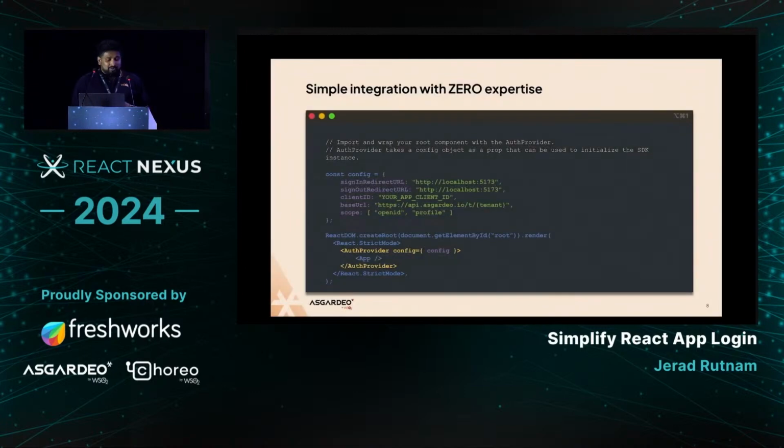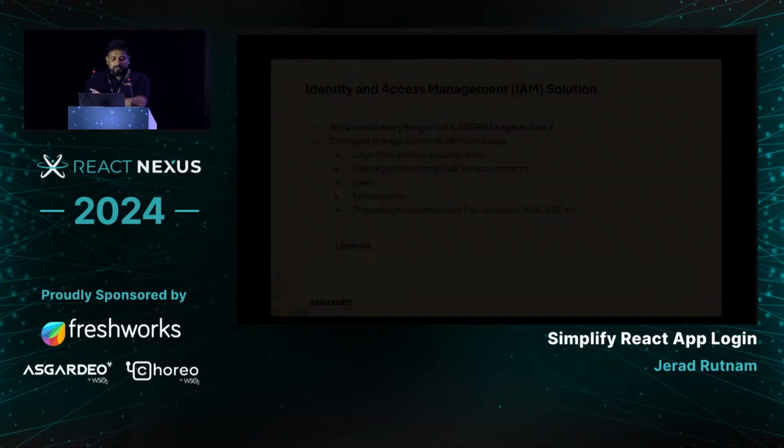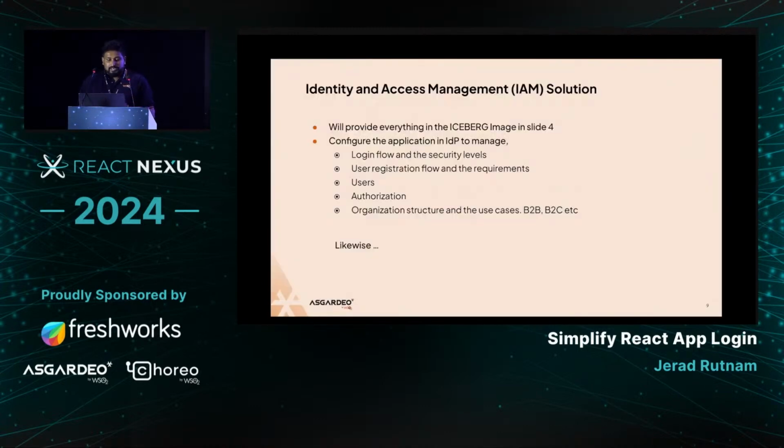Like I said, to simplify, SDK configuration is as simple as this. You just need to install it through NPM, import the auth provider and wrap your application, and that's all. You then go to your preferred identity provider and register your application, and just pass the configuration to the SDK.